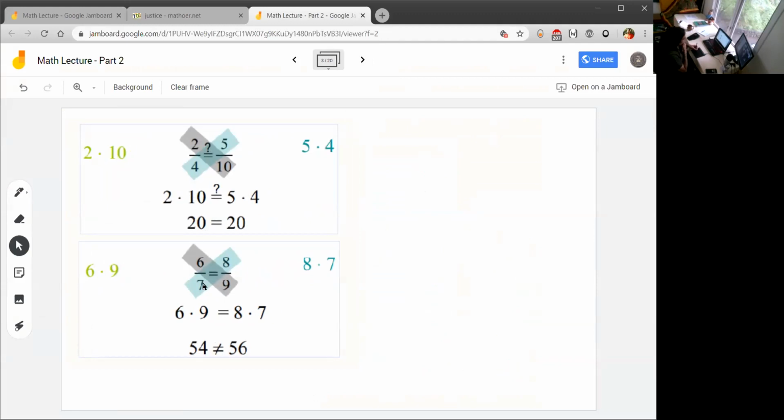In the second example, it doesn't. 6 times 9 is not the same as 8 times 7. So this was true, and this is false, right? Or if I don't like true and false, then I can say that this one was equal, and this one is not equal.